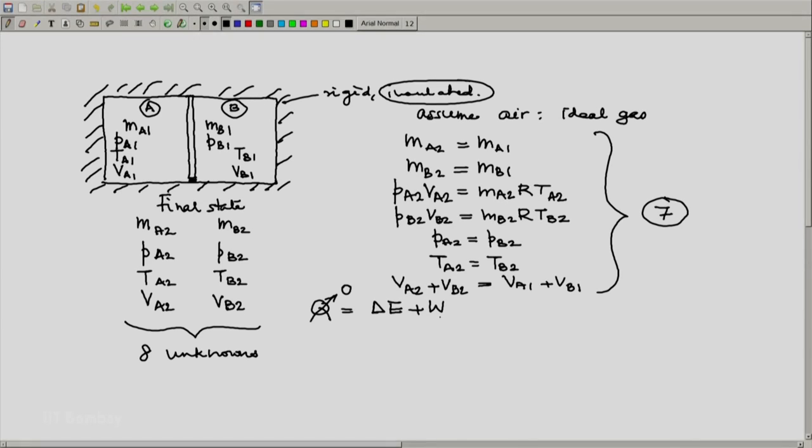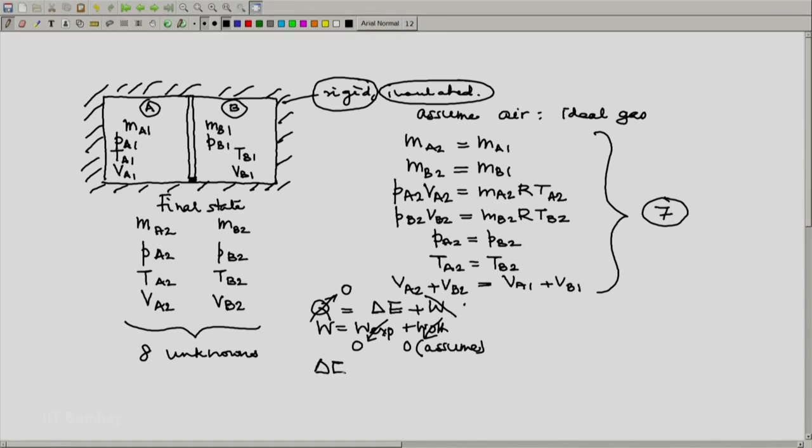Now what about W? W will be expansion work plus other work. Because the system is rigid, expansion work is 0. What about the other work? Let us assume it to be 0, and that means we can get rid of this W term.